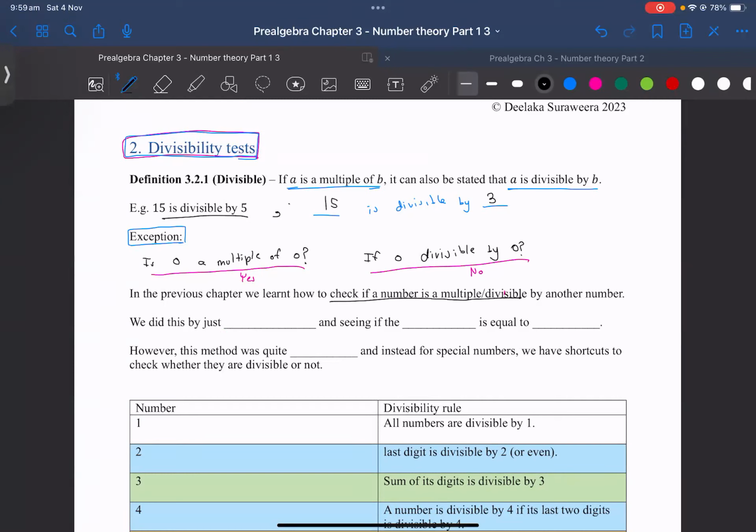If I ask you to check if 846 is divisible by, let's say, 47, how would you do this? I'm not asking you to do it, but how would you do it? You don't need to give me the answer.